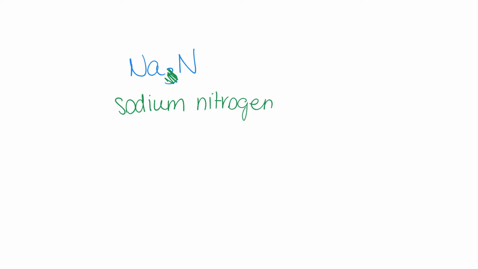I don't care about the 3 right now. So I am going to take the second element and take off the last sound. So nitrogen is going to become nitride. So sodium nitride is the name.